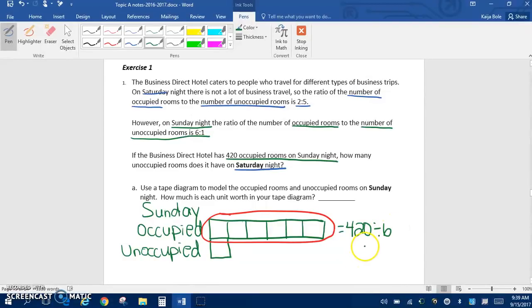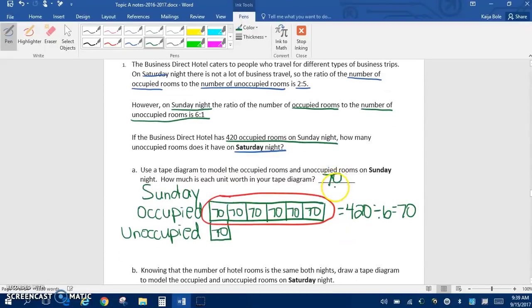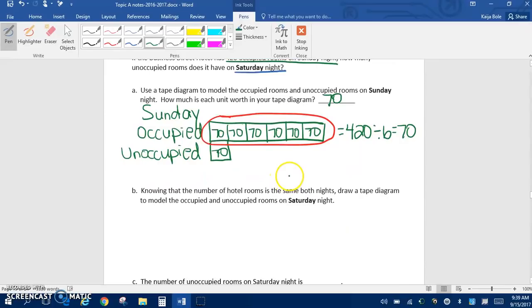So in your calculator or off to the side, 420 divided by 6 is 70. So that means each box is worth 70. Okay, so fill those in. And then on the line here it says how much is each unit worth in your tape diagram. And on the line we can put 70. Alright, so that's Sunday. Now going to B.